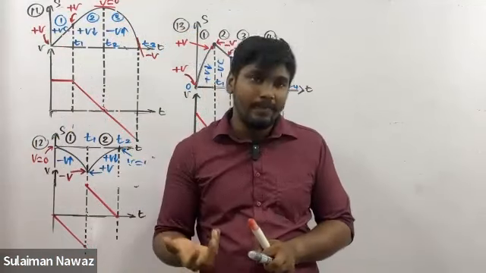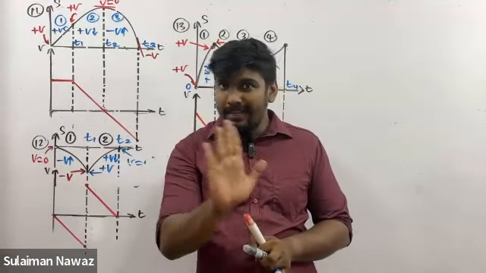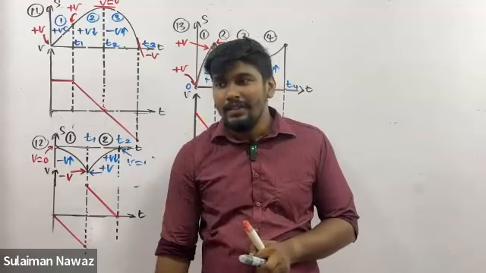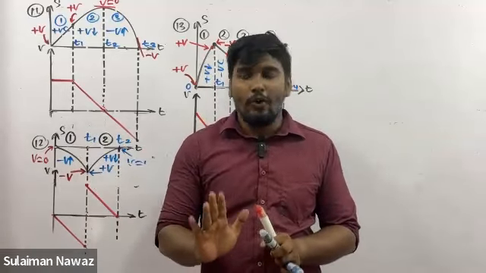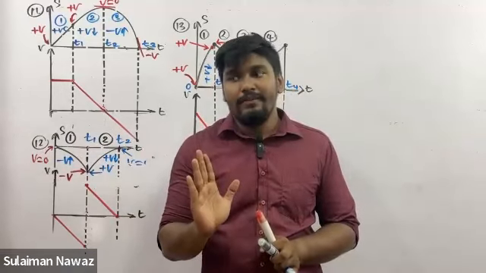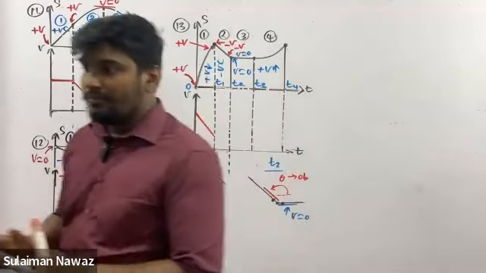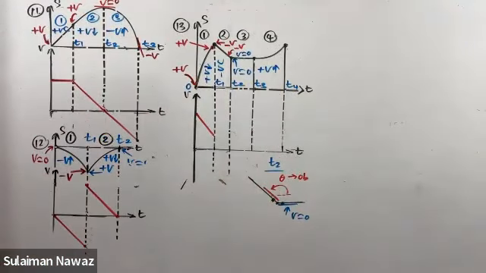So if you don't apply the right logic, you can't get the answer. So therefore, learn this way. No matter where you go, you want to learn this way. Right?